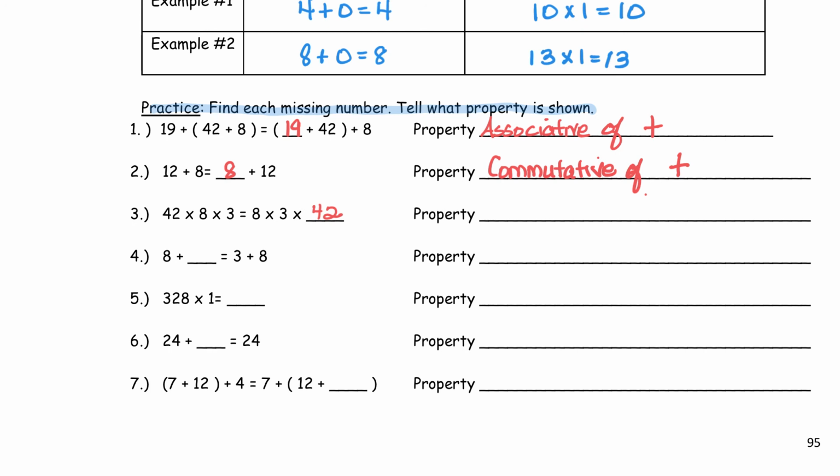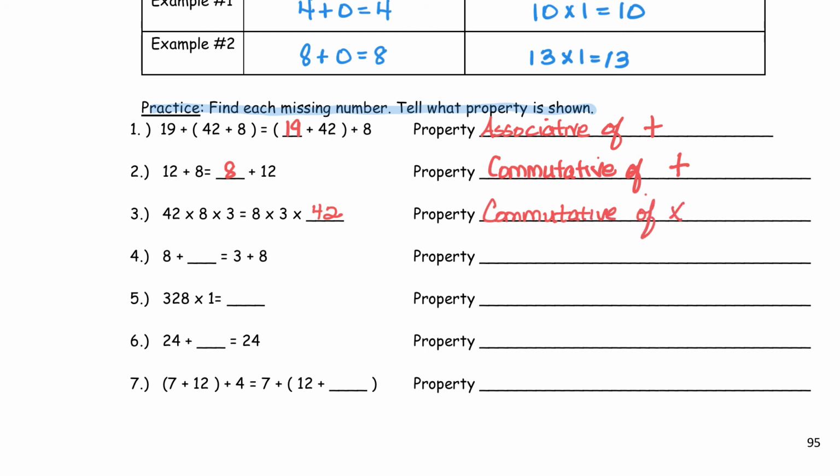Are they in groups with parentheses? Or did they just change order? Well, if you said they just changed order, you would be absolutely right. So this property would be the commutative of multiplication. Okay, get the picture?